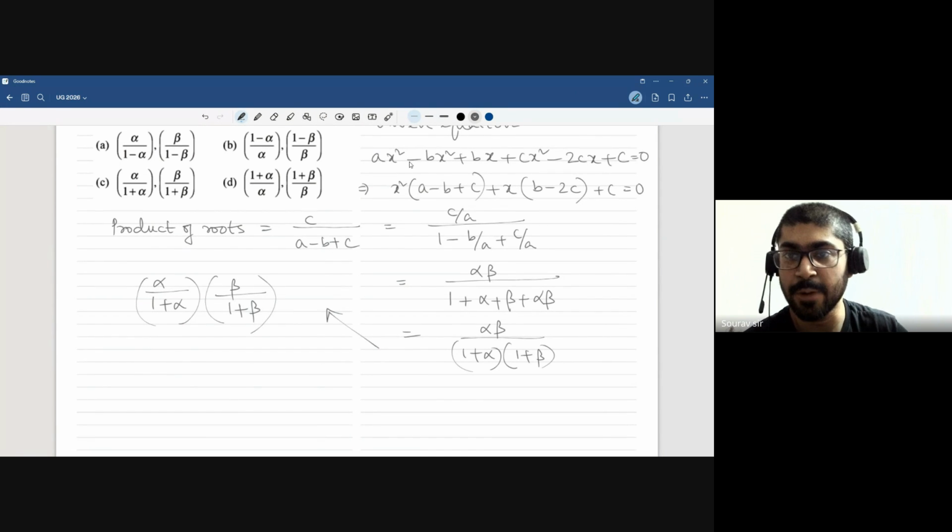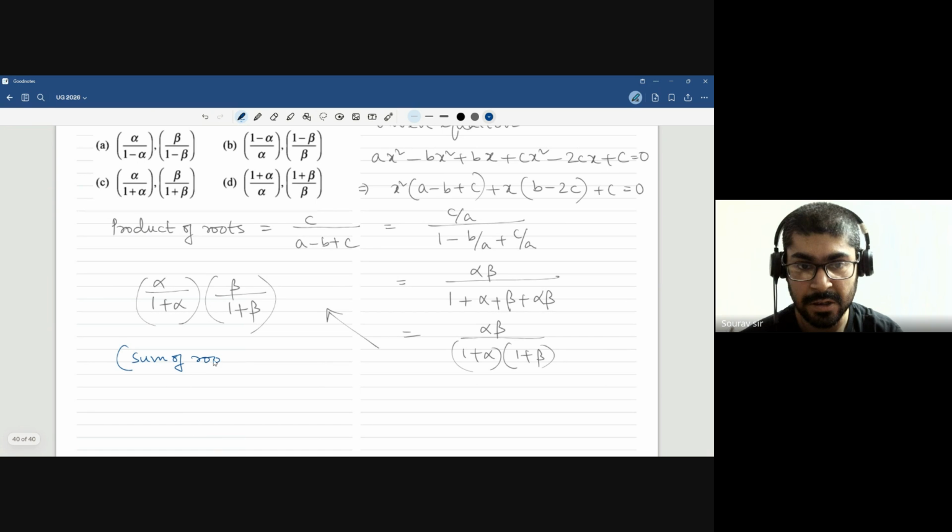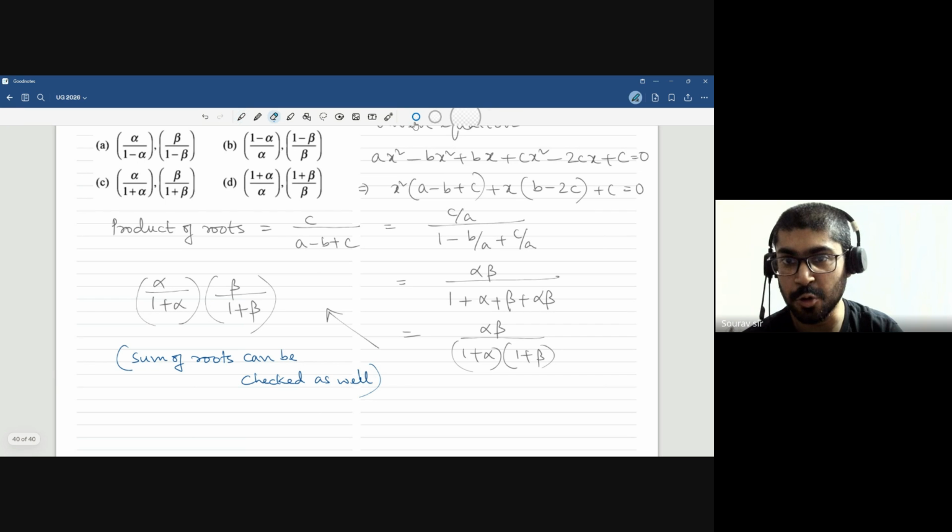If this is a subjective problem, then you can test the sum of roots as well, but that will be tricky. You will have to do a bit of factorizations and changing of variables.